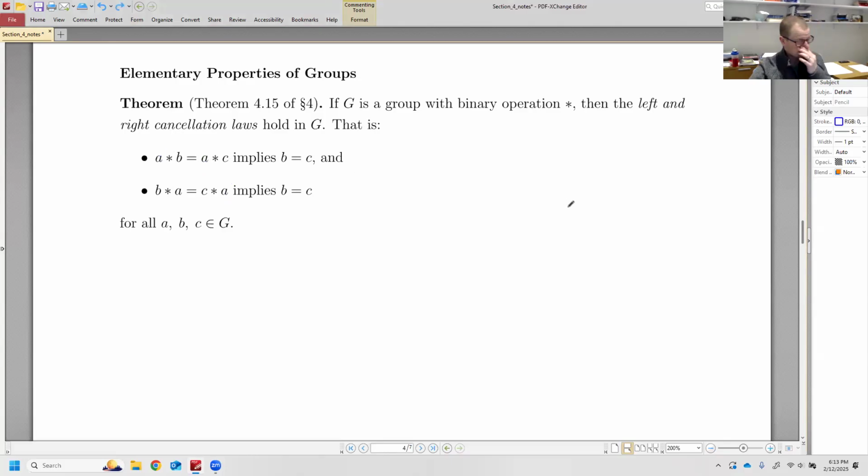Now, the tricky thing is that it only applies left and right.